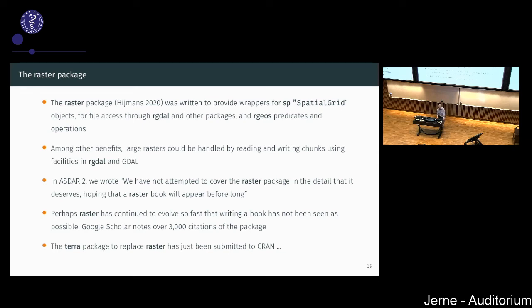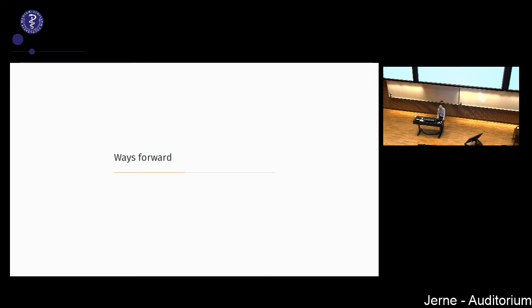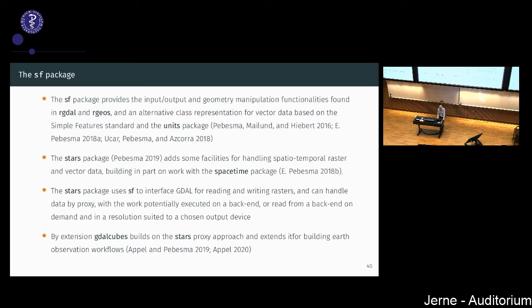It's being redeveloped as the terra package for handling raster data. In sp, we had what we called a SpatialGrid for handling image files like satellite images. Regrettably, it hasn't been written up. It would have been nice if there was a raster book as well, but there isn't.